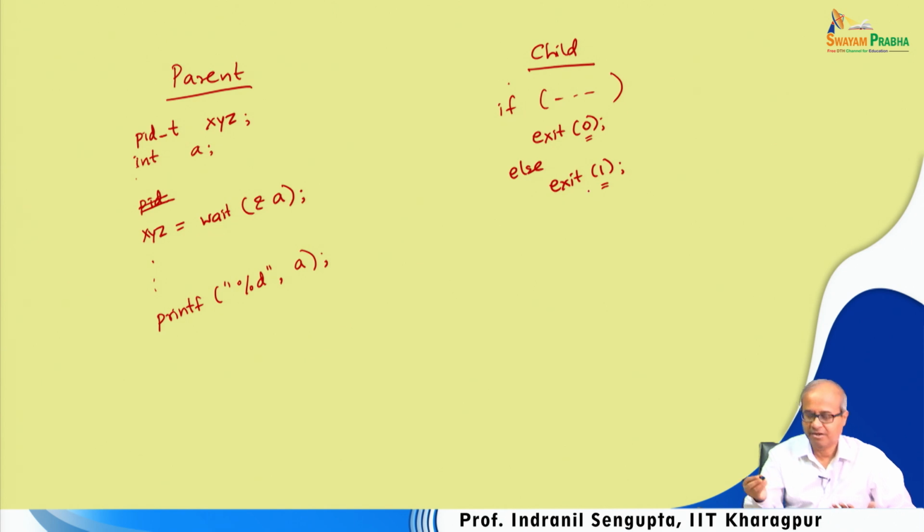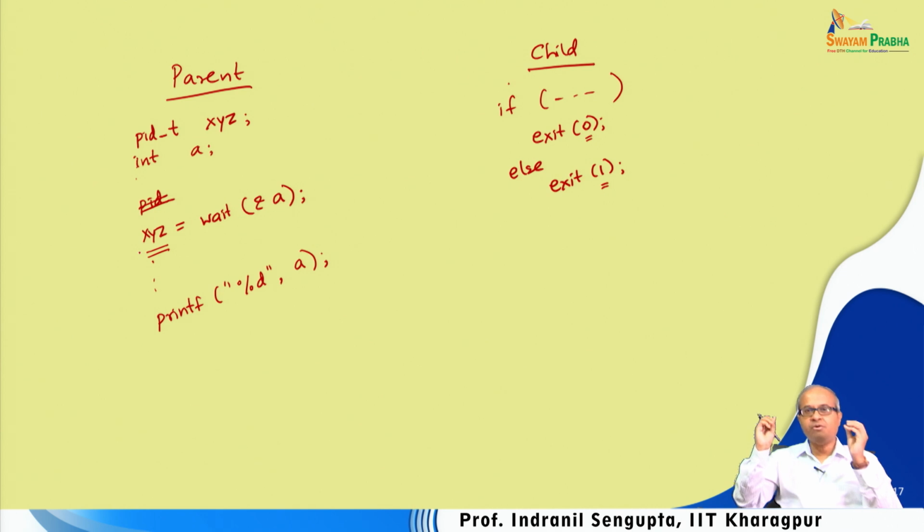And of course, I told earlier that the PID of the child will be returned as the return value of wait into the variable xyz. So, xyz will contain the child's PID. In this way, using the system calls in a program, you can synchronize among these concurrent processes, a parent, child, so many of them.